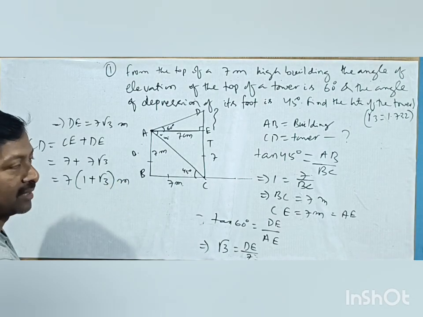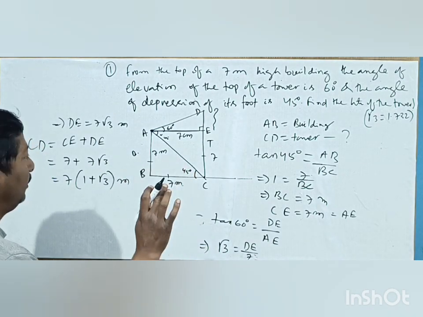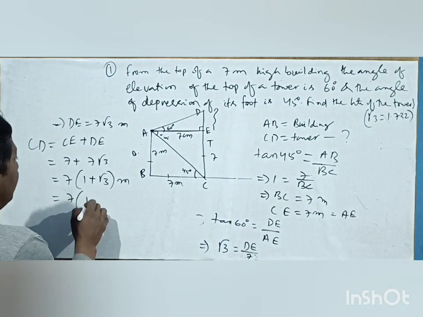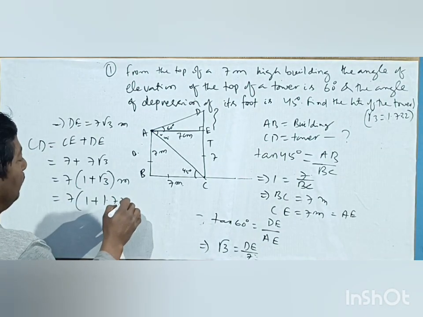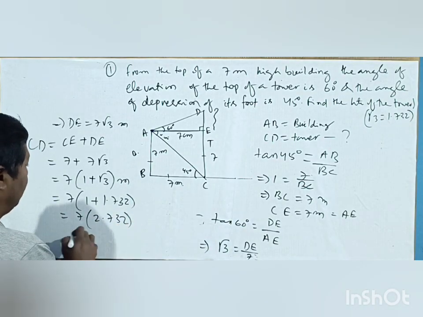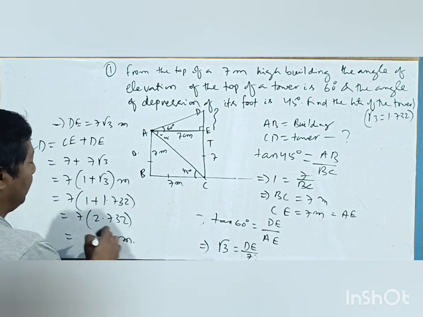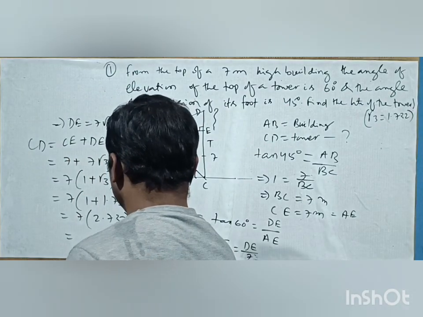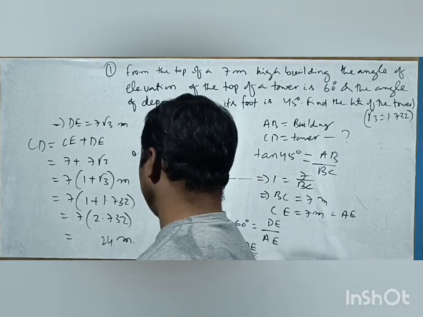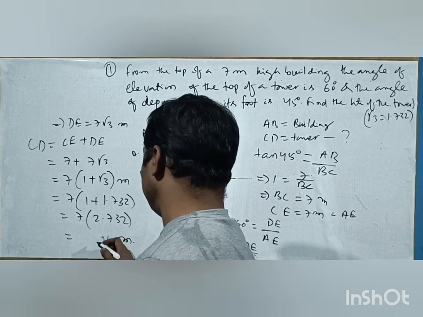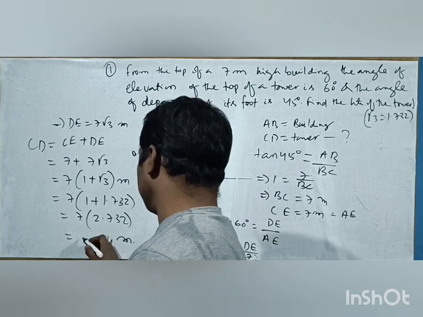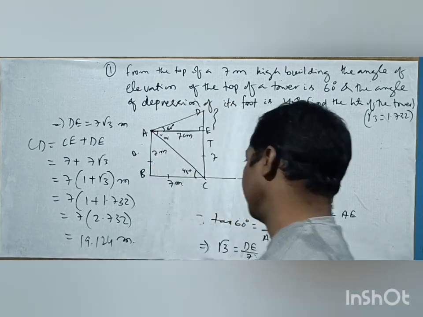If the root 3 value is given, then you have to take it as 7 into 1 plus 1.732. That means 7 into 2.732. 7 2 is 14, 7 3 is 21, 1, 22, 2, 7 7 is 49, 2, equal to 51, 1, 5, 7 2 is 14, 5, 19. 19.124 meter.